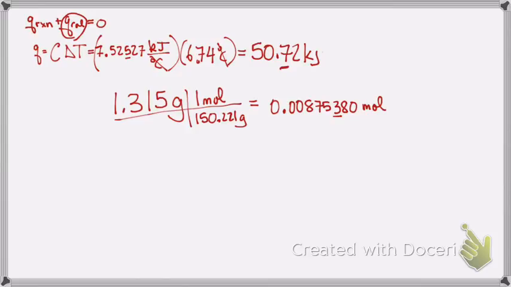So then to get the enthalpy per mole, the Q per mole, that's 50.72 kilojoules divided by the moles, which is the 0.0087538.